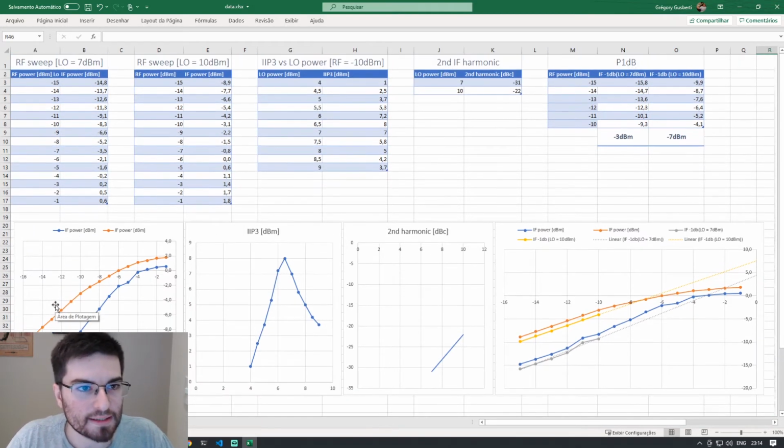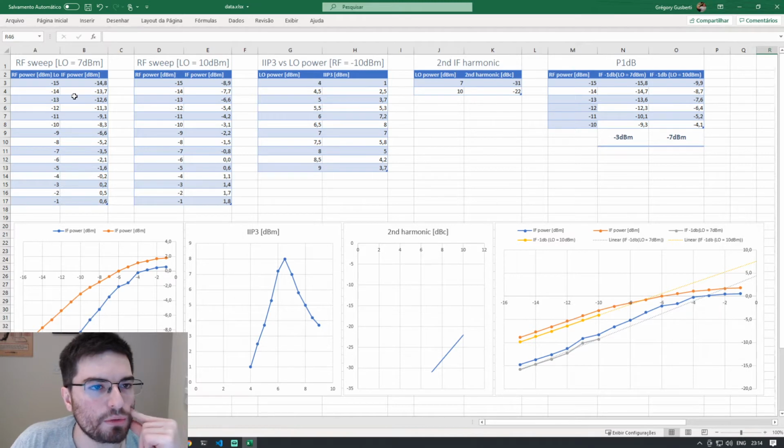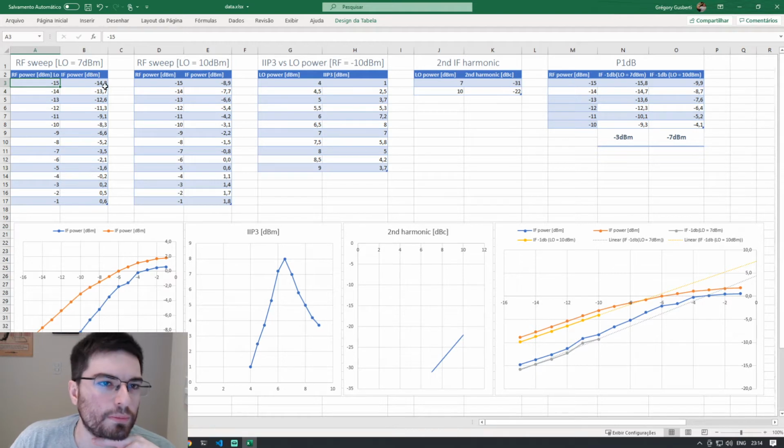We can see, guys, that for 7 dBm input power in the LO, we have almost no conversion loss. At the input here we have minus 15 dB, and the output minus 14.8 here. So we are almost in a one to one relation.